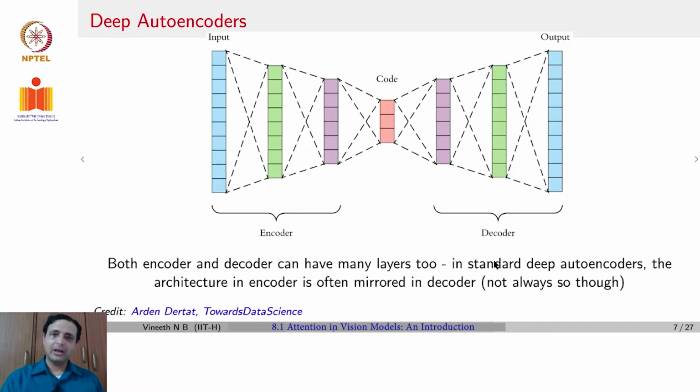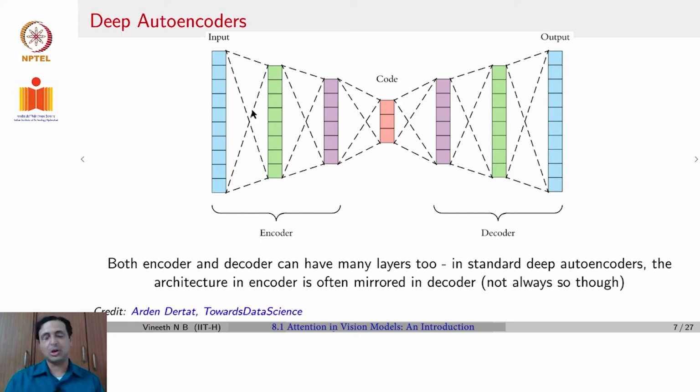Now, the encoder and the decoder need not be just one layer. You could have several layers in the encoder, and similarly several layers in the decoder. In the autoencoder setting, traditionally, the decoder is a mirror architecture of the encoder.